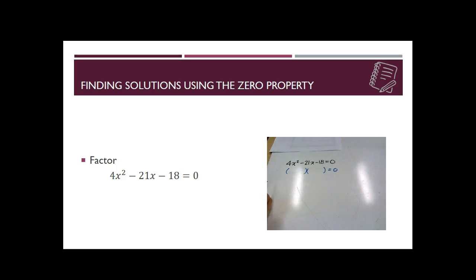But there's a couple things getting in our way. I hope that you would notice first off the negatives that are in this equation. So I've got a negative here, a negative there. And then also notice that my x squared has a coefficient of 4 on the front of it, which means that I need a coefficient in front of the x's.